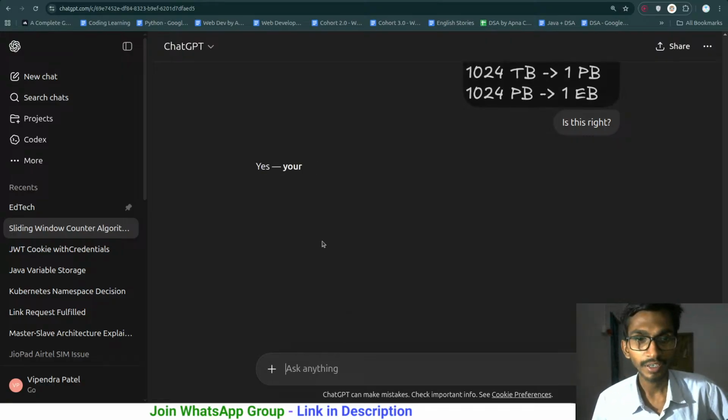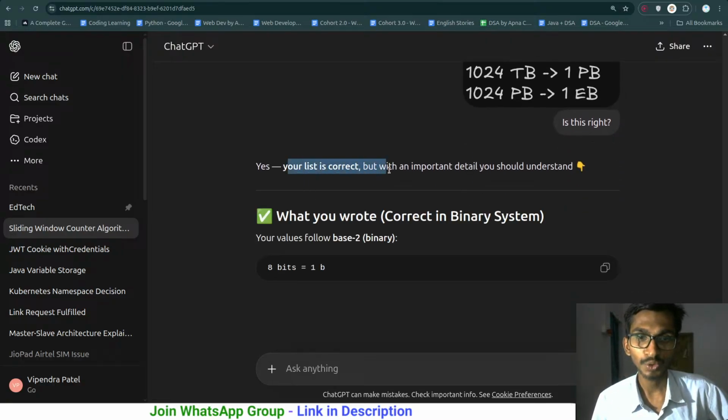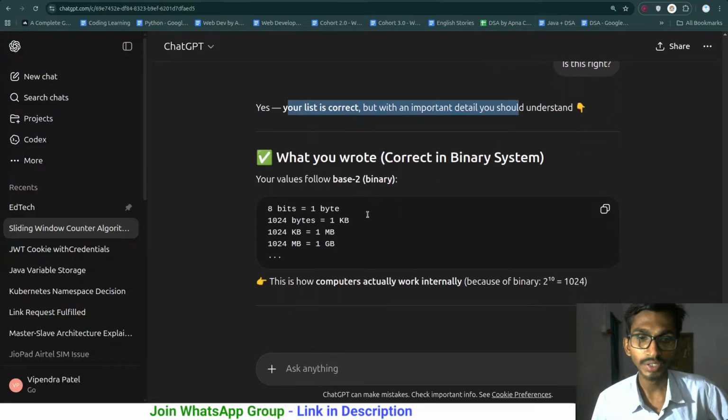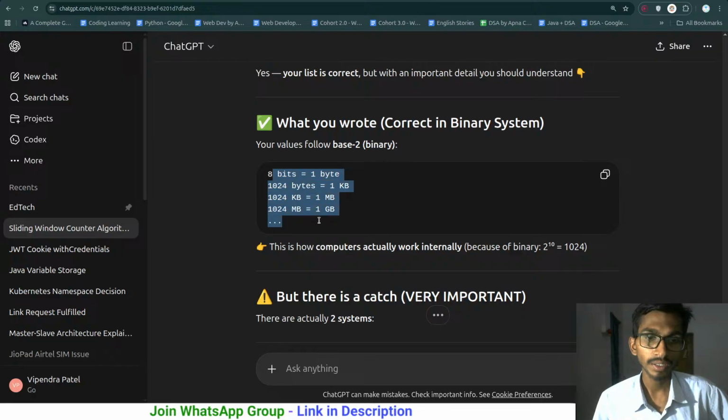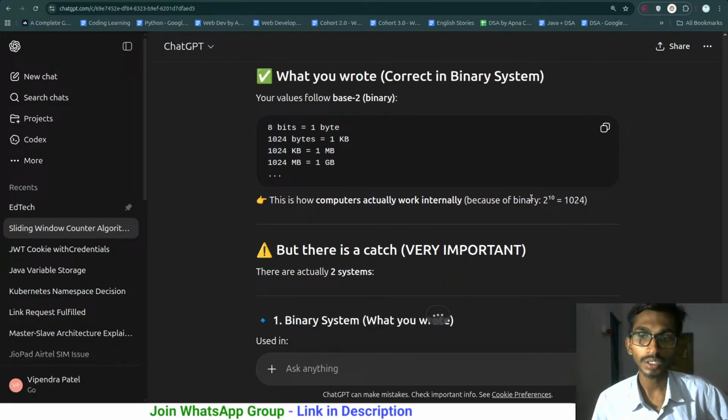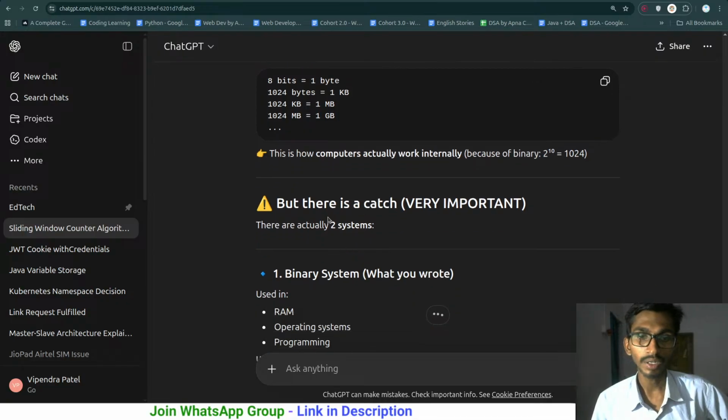Wah bhai, kaccha. Yes, your list is correct, but there's an important detail you should understand. What you wrote is correct in the binary system, where values follow base 2. So 8 bits is 1 byte. This is how computers actually work internally, because of binary, 2 to the power 10. But there are actually two systems.